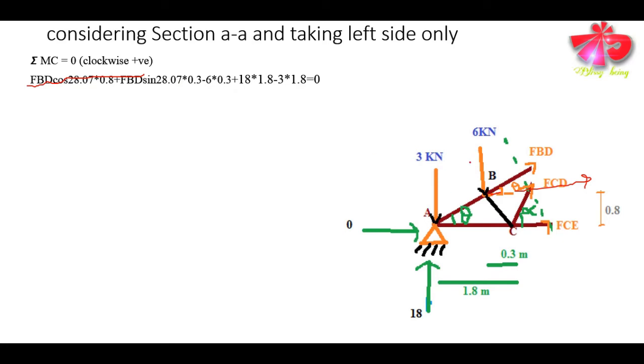Likewise, we have this 18 kilonewton giving us a clockwise moment, so we have written plus, and this 3 kilonewton is giving us an anti-clockwise moment. Minus 3 into distance is 1.8. So if we equate it equals to 0, then we can find out this value of FBD, that is the force in the member BD.